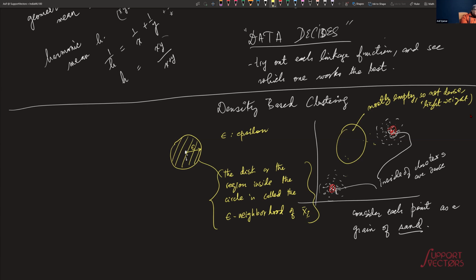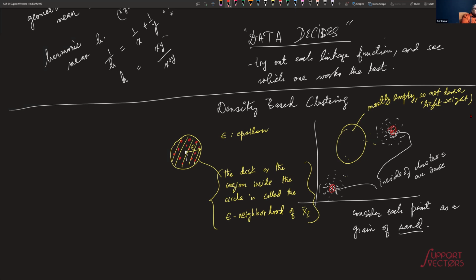Next, what you do is compute how many neighbors this point has. Let me color the neighbors with something else, let me color them red. Suppose it has neighbors like here.